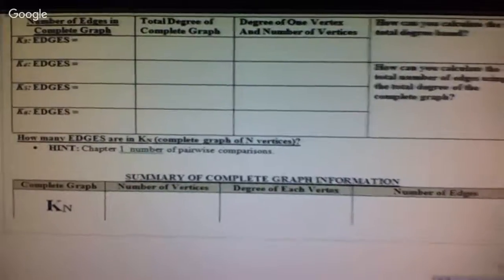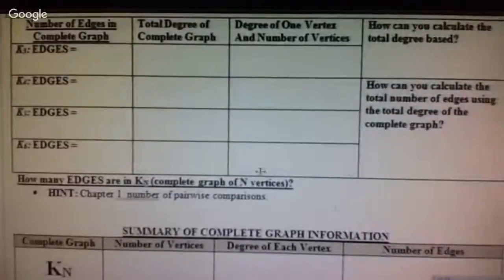All right. So, the number of edges in a complete graph. Take a look at your graph of K sub 3.